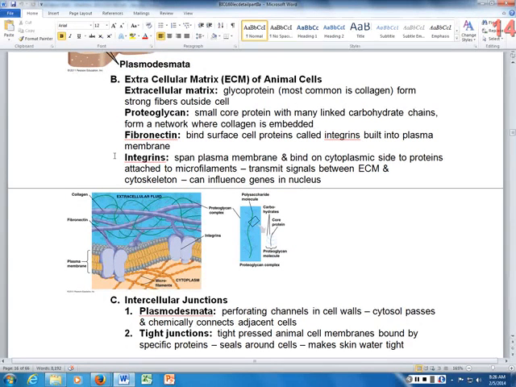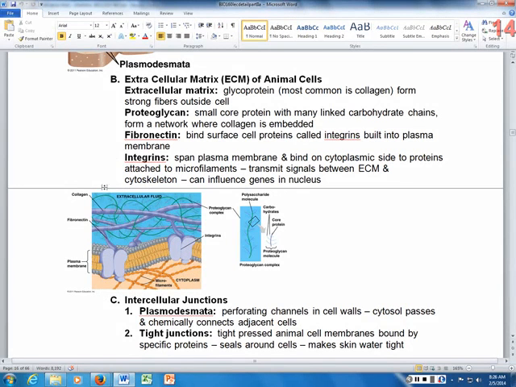And then the fibronectin is going to bind surface cell proteins called integrins. So you've got the fibronectins attaching to the surface integrins, and the integrins are going to actually penetrate down into the membrane, into the cytoplasm, and attach to your cytoskeleton on the inside.